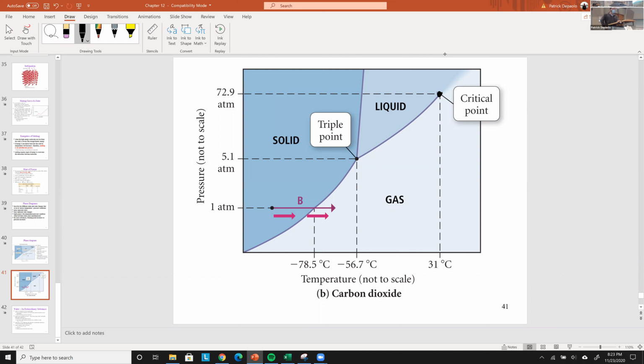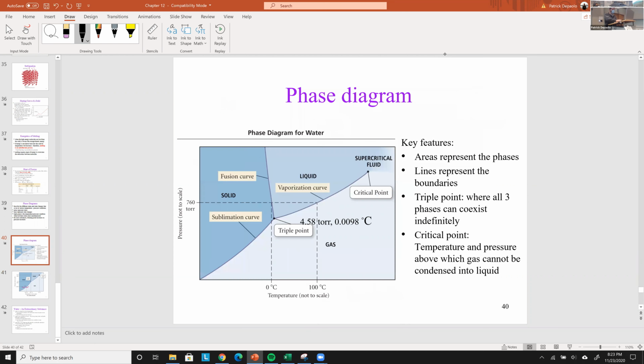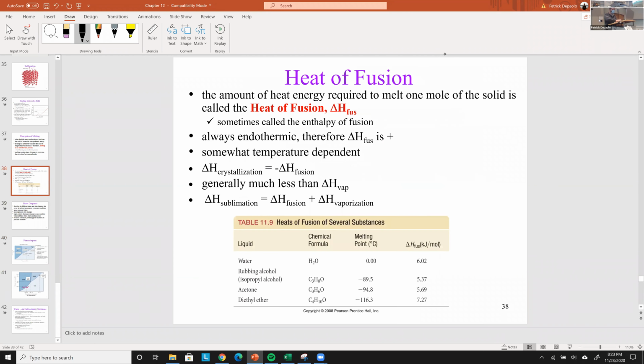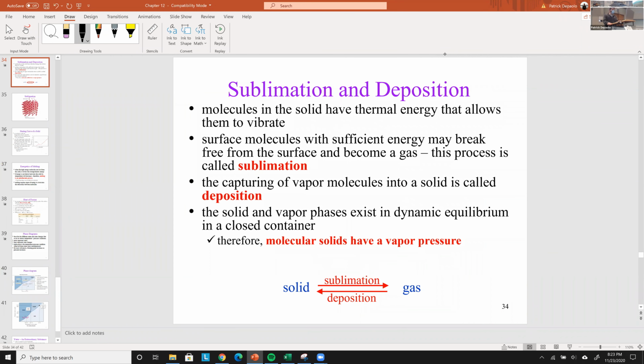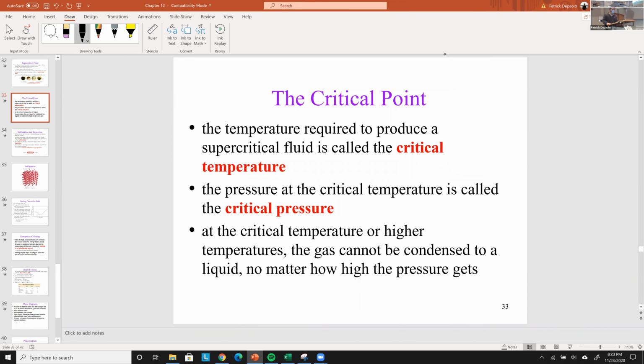Let's go back to the definition, I don't want to say it wrong. The temperature is required to produce a supercritical fluid. The pressure at the critical temperature is called the critical pressure. At the critical temperature or higher temperatures, the gas cannot be condensed into a liquid.